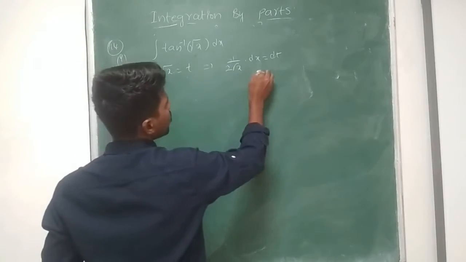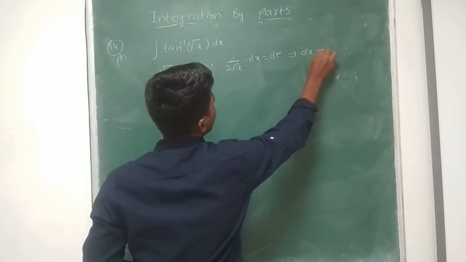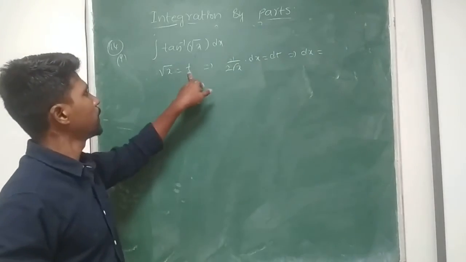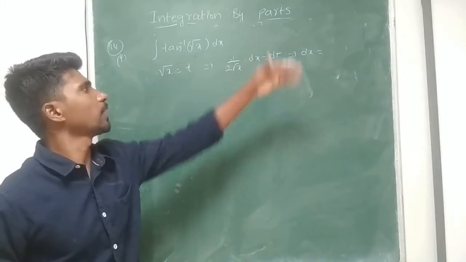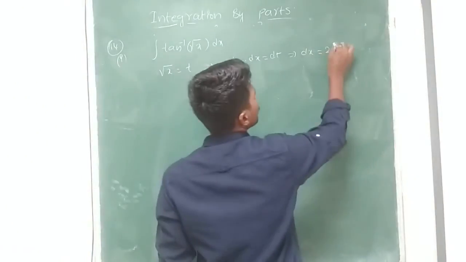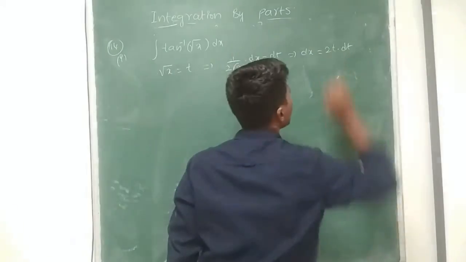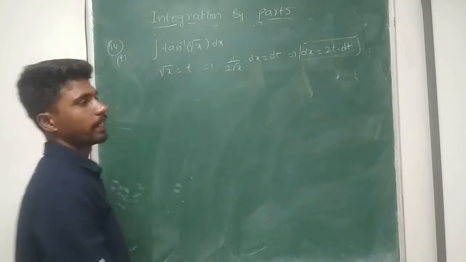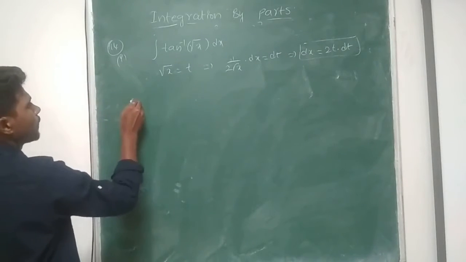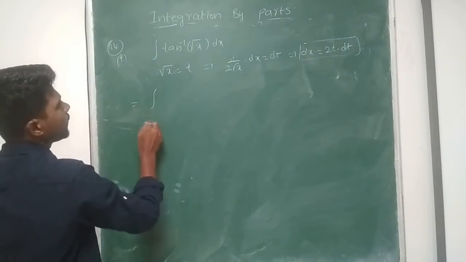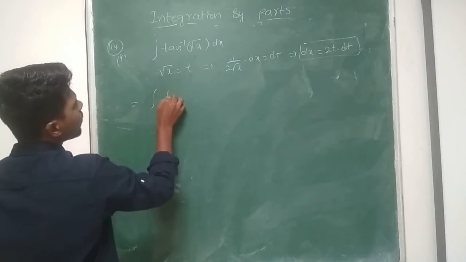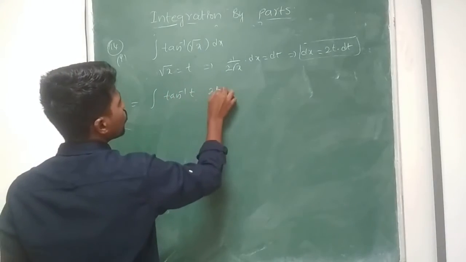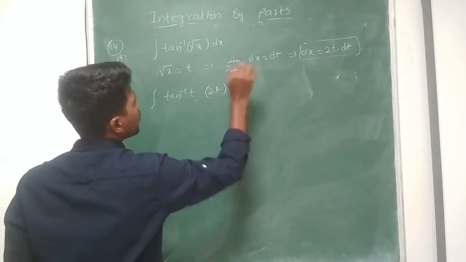So dx is equal to 2 root x, and root x can be replaced as t, so 2t, transferred to the right side, we get 2t into dt. So dx is equal to 2t into dt. Then if I substitute, I get integral tan inverse of t into 2t into dt.